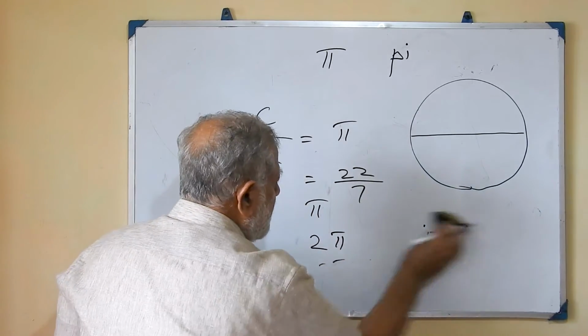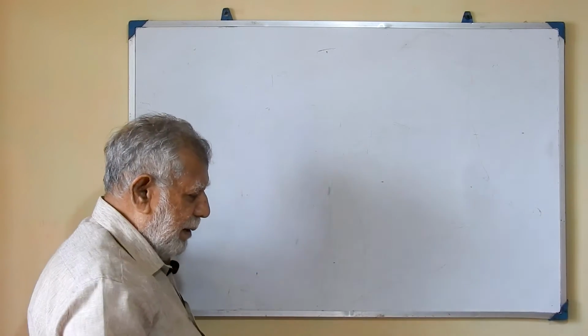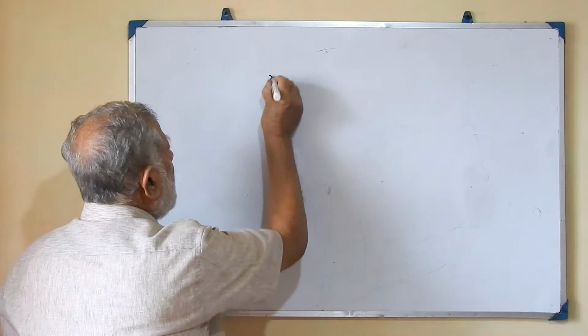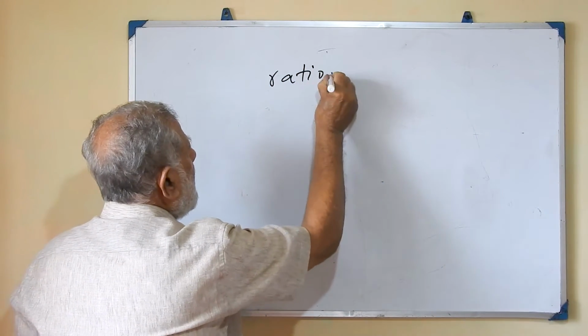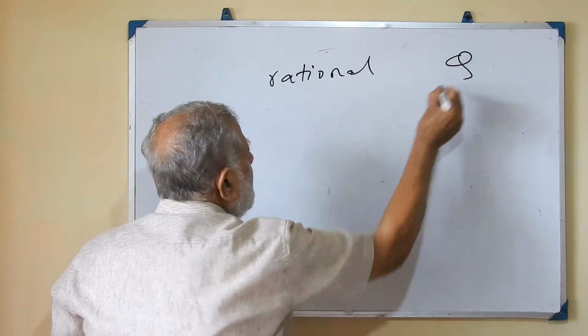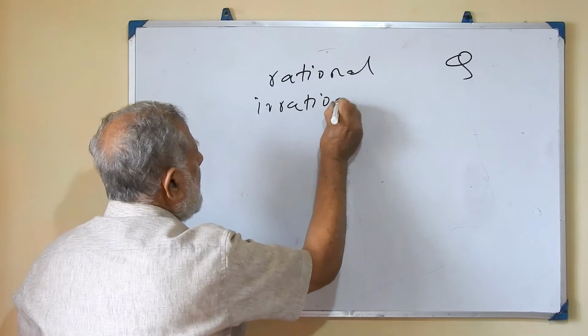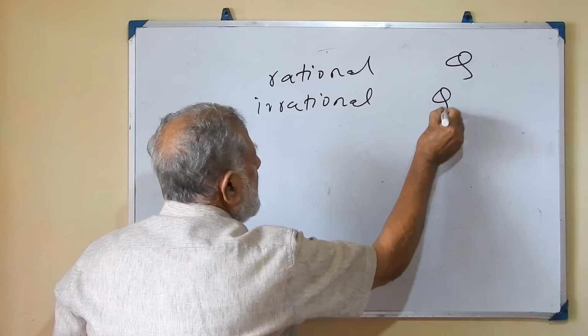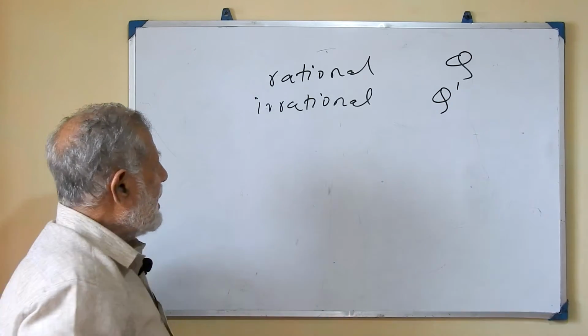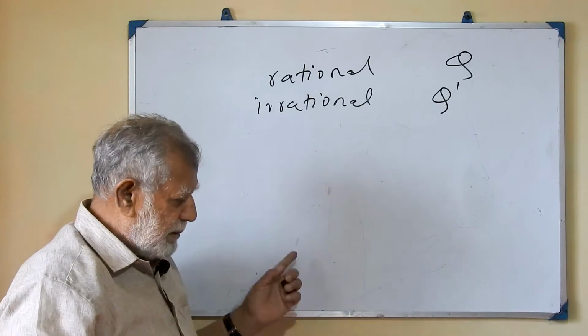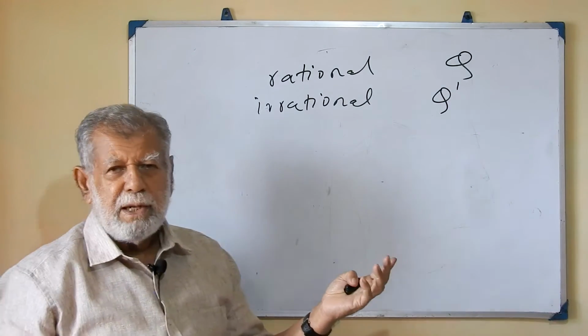We'll take some examples. There is a letter symbol for rational numbers. The rational number symbol is Q. So irrational number is Q dash. We don't have a separate letter for irrational numbers. We put Q and Q dash. So what are the symbols that we studied now?